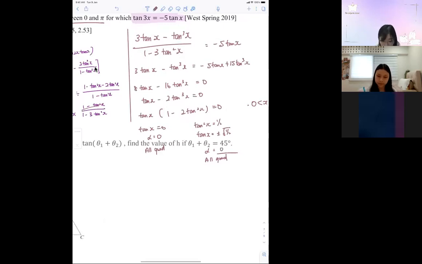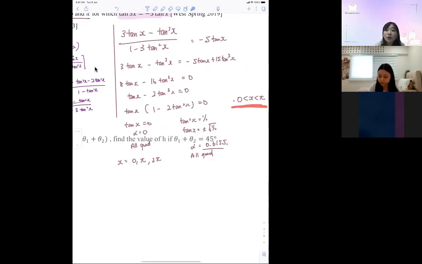You get 0.6155. Cannot put in pi form, then you just put in decimal. So x will be 0 and pi. Okay, and 2 pi. All these you must reject. You know why? Because 2 pi is more than 0 to pi. But 0 and pi is non-inclusive. So everything here, you reject.